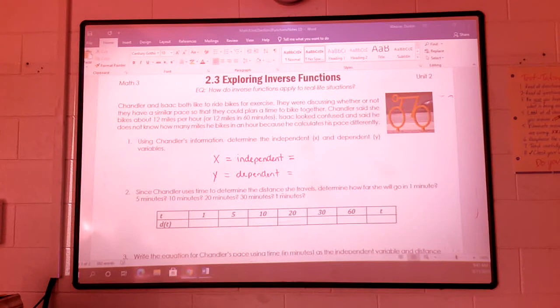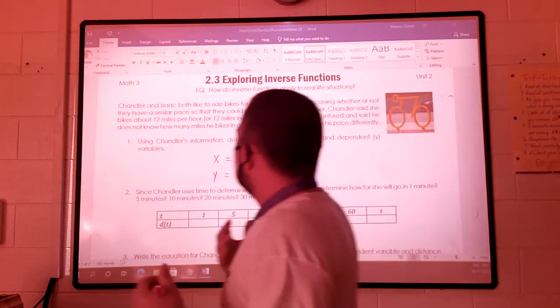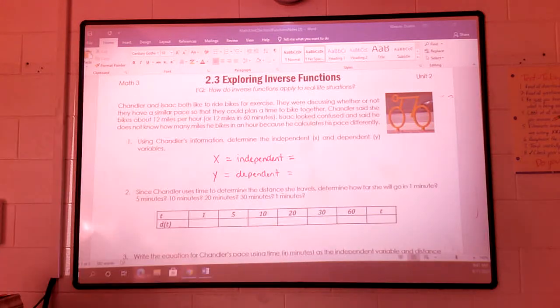Yeah. So you need to know the time and the distance. So you need to know how much time did they spend riding the bike and how far did they go. And then you can figure out how fast they went.